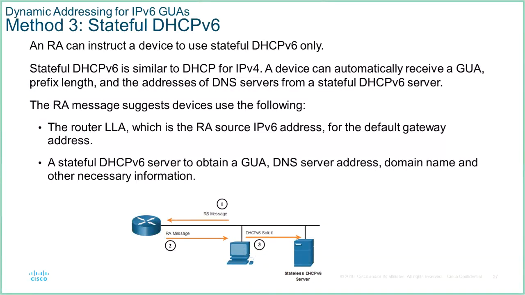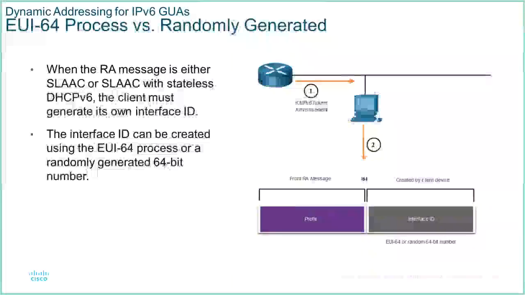It will then push out, just like it does for IPv4, the network address, the host address, the lease, where it can find the DNS servers, the default gateways, and all that will be confirmed, and everything will be configured just like DHCP does.